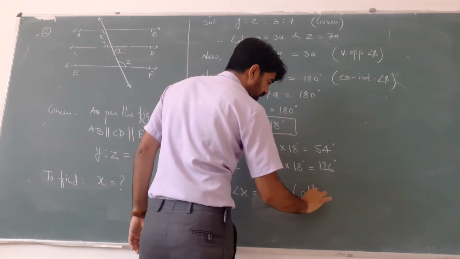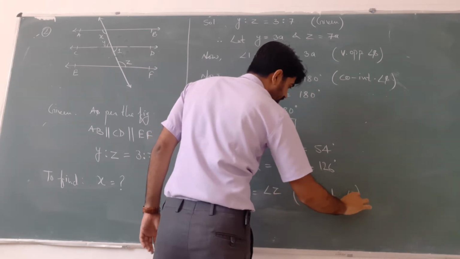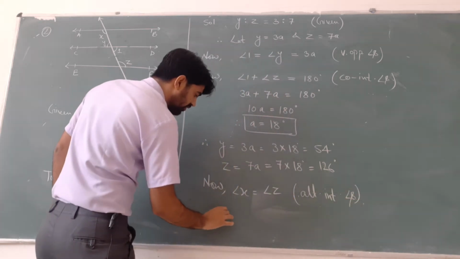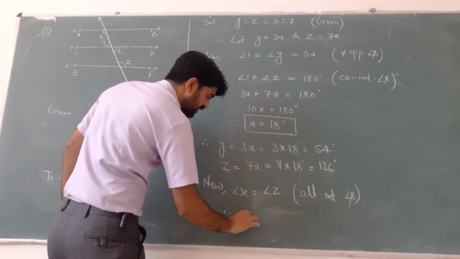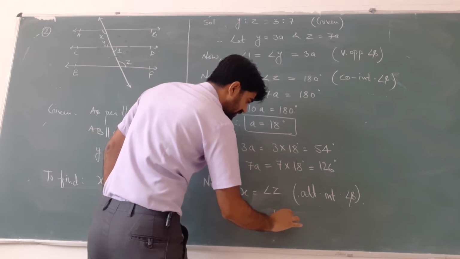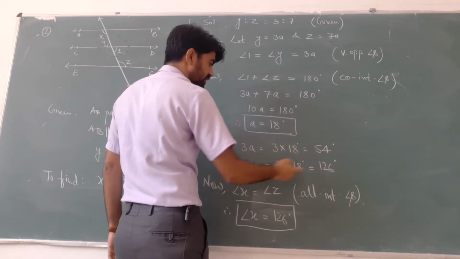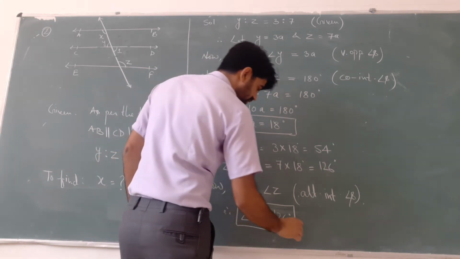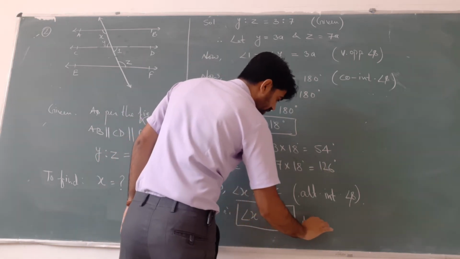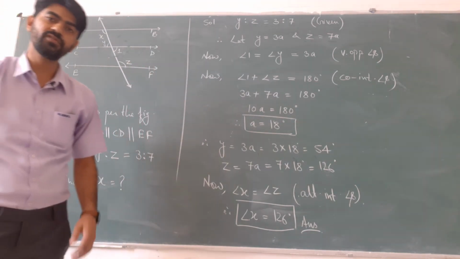Because these are alternate interior angles. Therefore angle X is equal to 126 degrees, because Z is 126, so it will also be 126 degrees. This will be our final answer. So this way we can find the value of X.